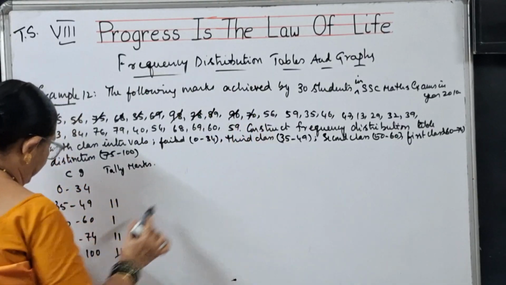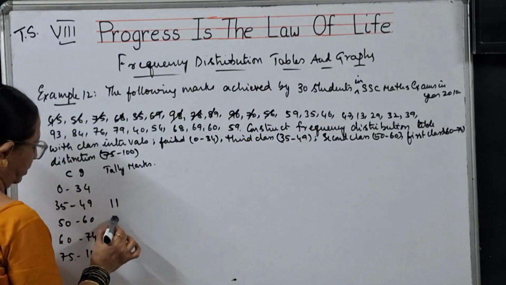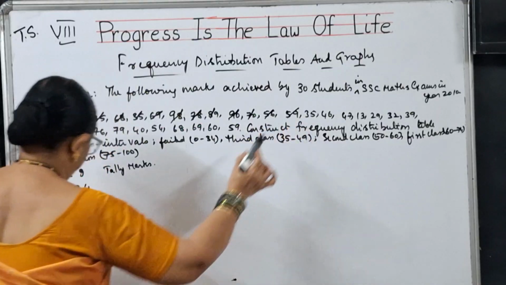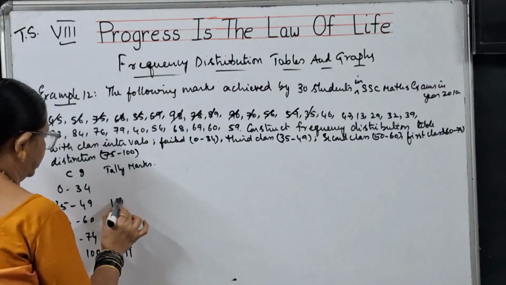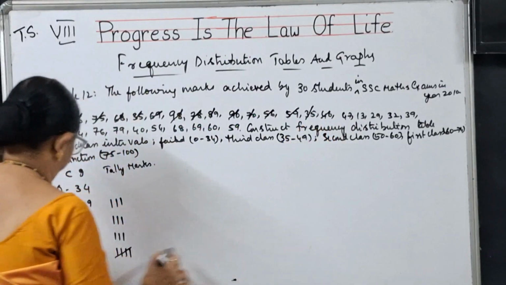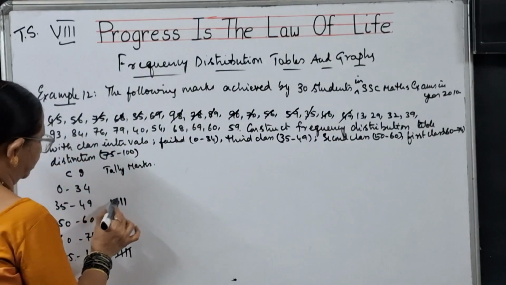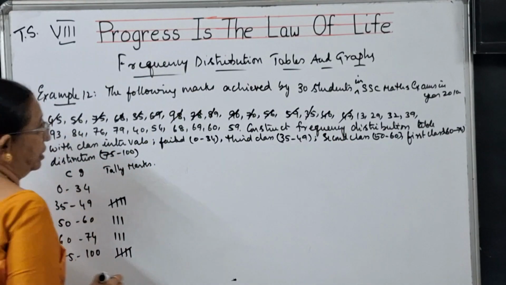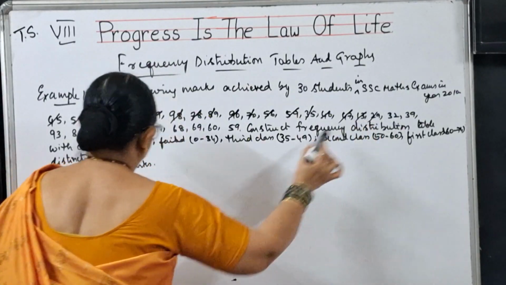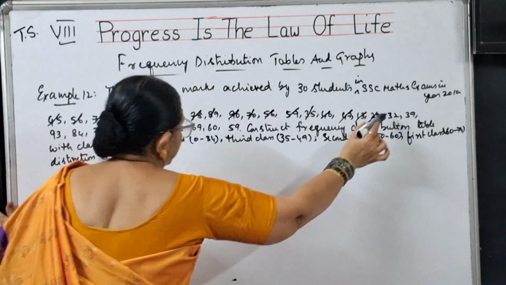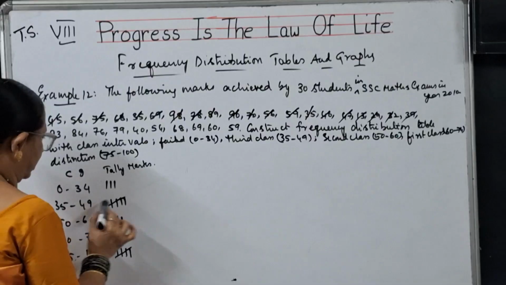After 90, 70 will come in this group. 56 will come here. 59 will come here. 35 will come here. 46 will be here. 47 also here, 4 completed, so fifth one. 13 will come here. 29 also will come here. 32 will come here only. 39 will be here.